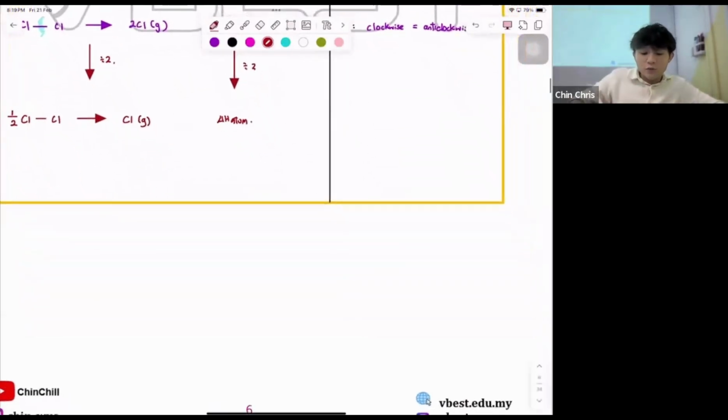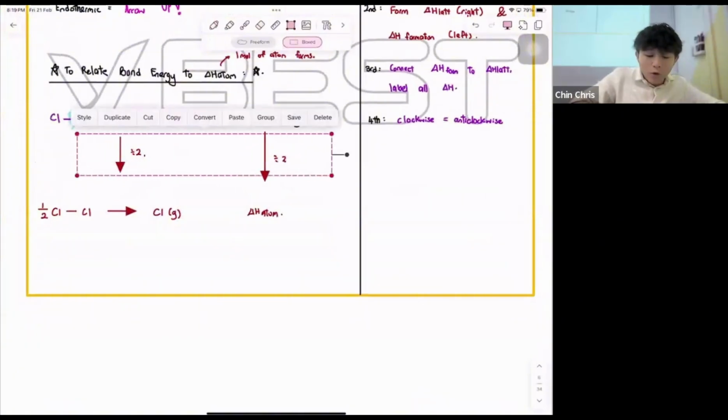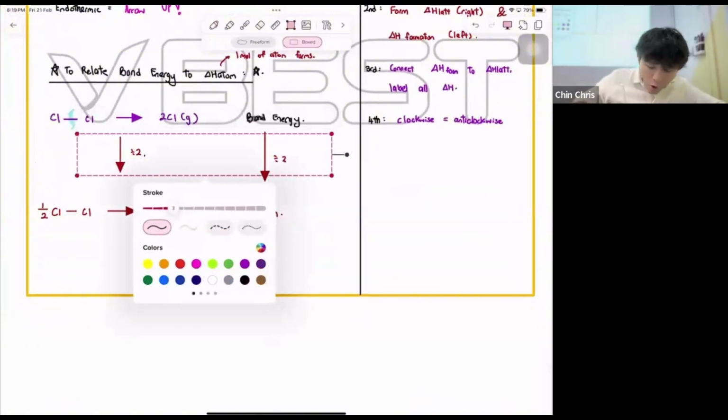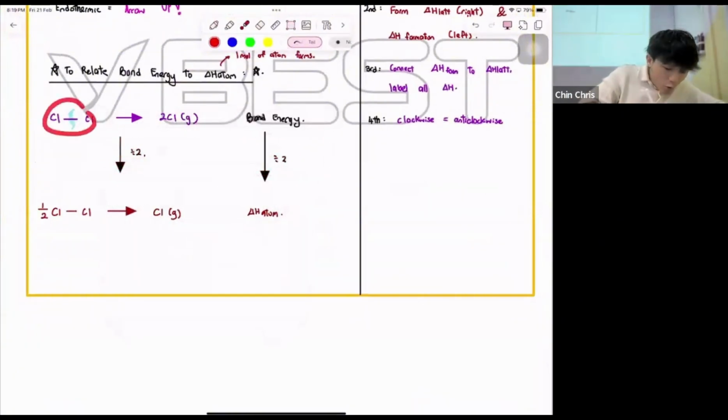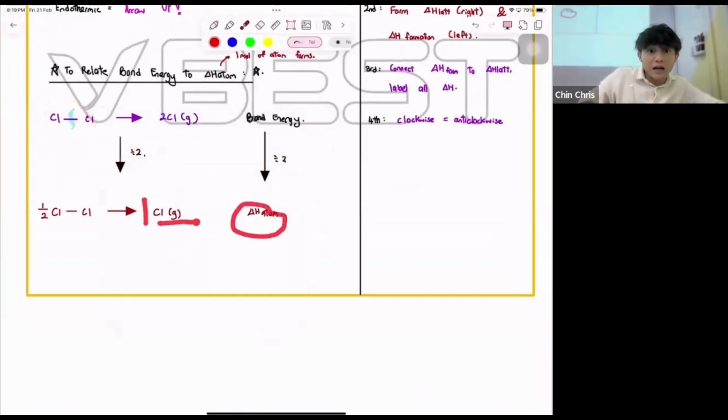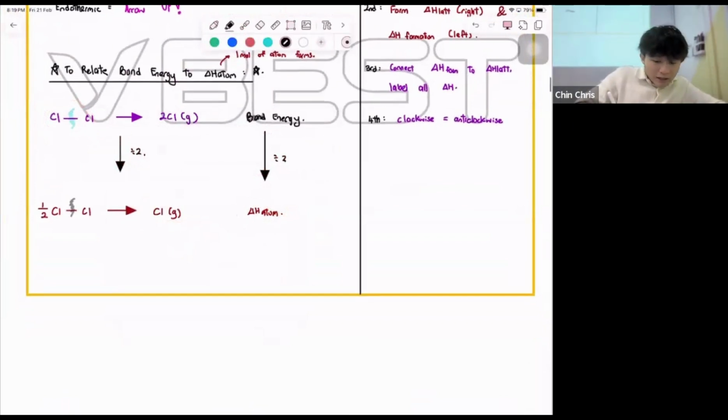So guys, you know the difference between atomization and bond energy? Bond energy is you're breaking 1 mole of molecule. Atomization, you are forming 1 mole of atoms. Clear? So guys, to relate your atomization to bond energy, put it here.